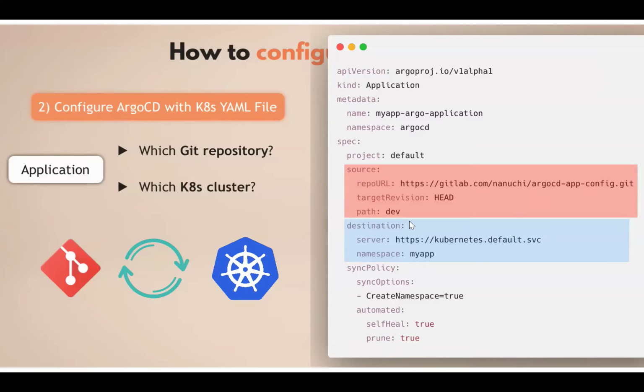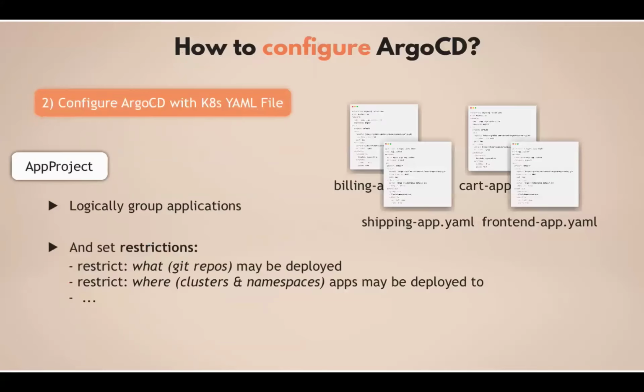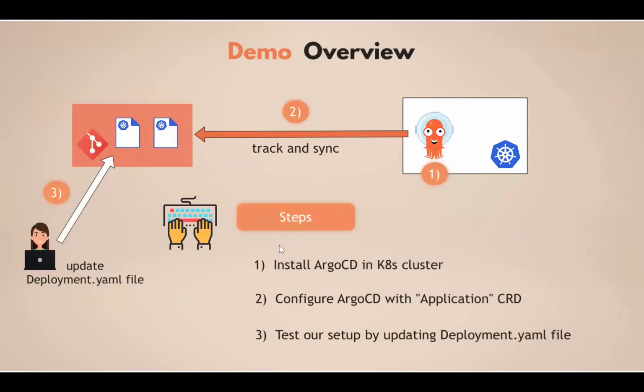That's it. If you provide these two things, it will sync both to your Kubernetes. How to configure this, we will see in the practical. Now, this is what our project is.